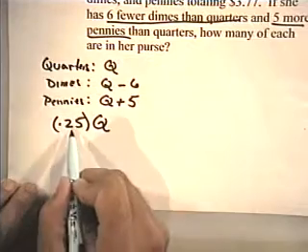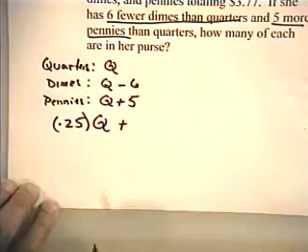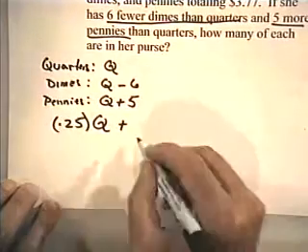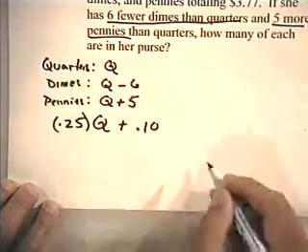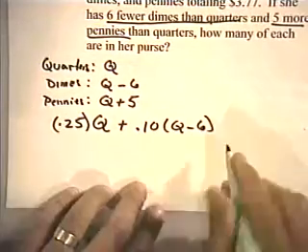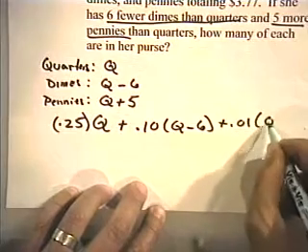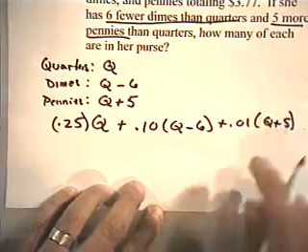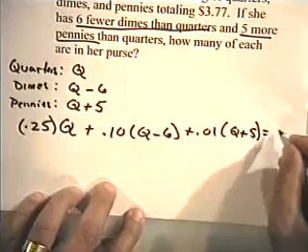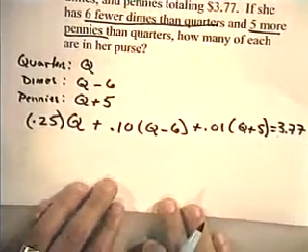So we have 0.25 Q, plus, well, we have dimes. The value of a dime is 0.10 times the number of dimes. The value of a penny is 0.01 times the number of pennies. And that, of course, is equal to the total, which is 3.77.